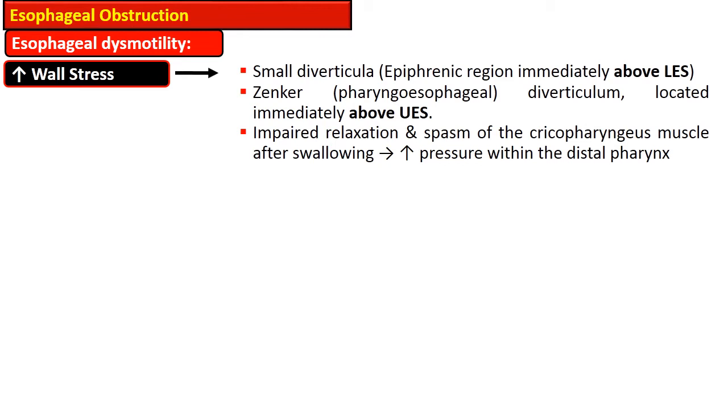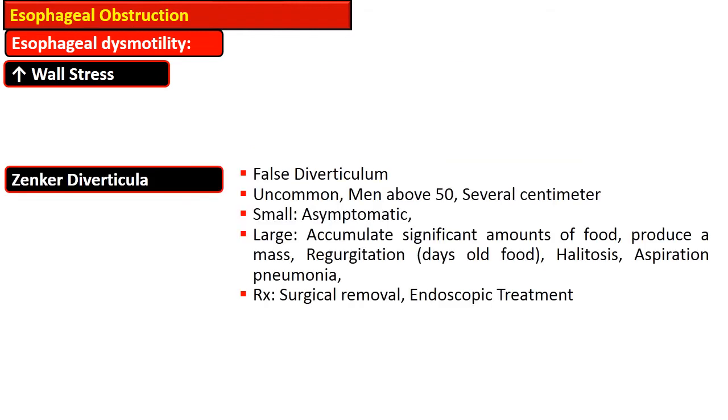There is impaired relaxation and spasm of the cricopharyngeus muscle after swallowing that results in increased pressure within the distal pharynx, which results in Zenker's diverticulum. The Zenker's diverticulum is a false diverticulum, and it is an uncommon condition.